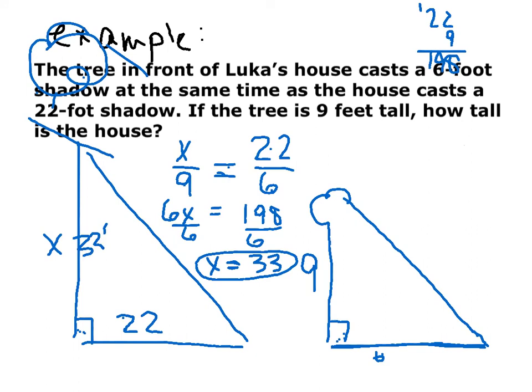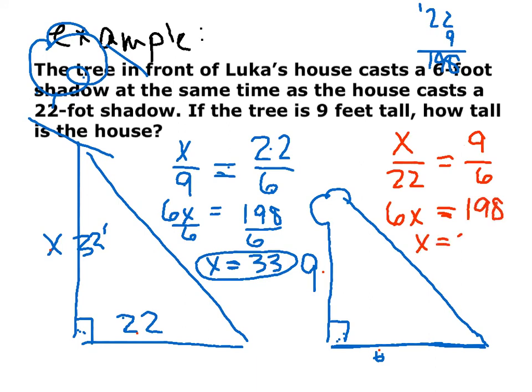You could also do, we did house over tree is house shadow over tree shadow. You could do house over house shadow equals tree over tree shadow, and you'll get the same answer. 6x equals 9 times 22. x equals 33. You just have to stay in the same order.